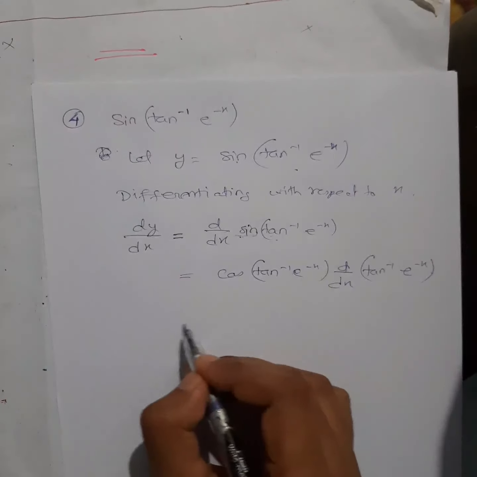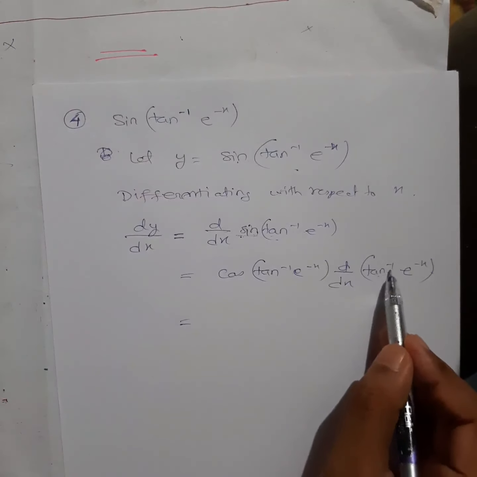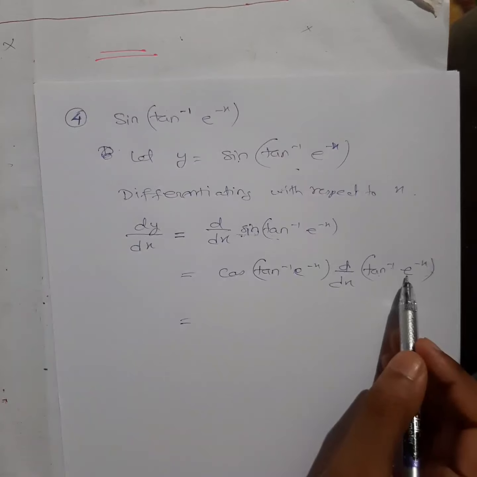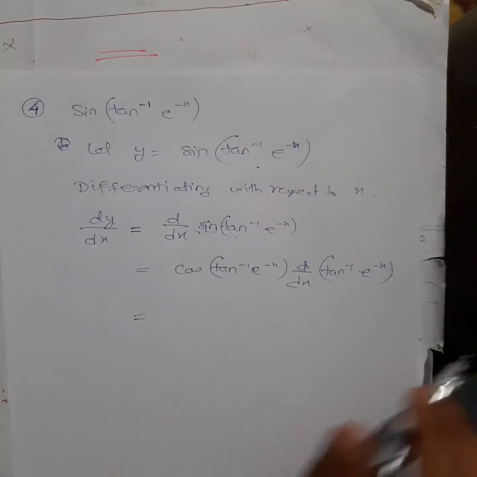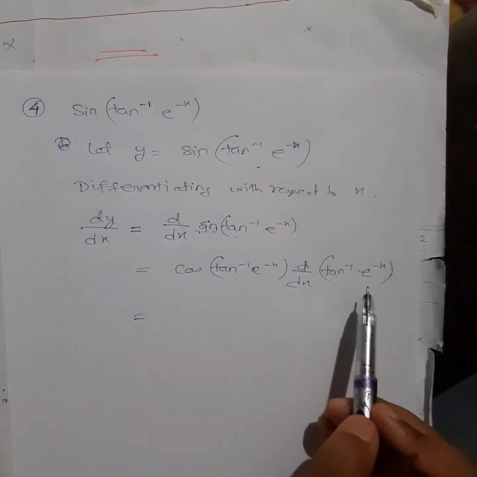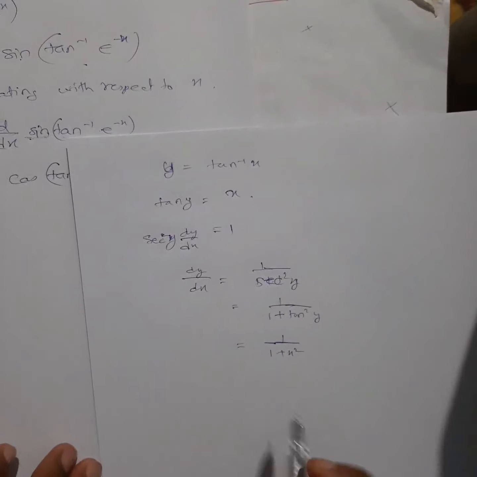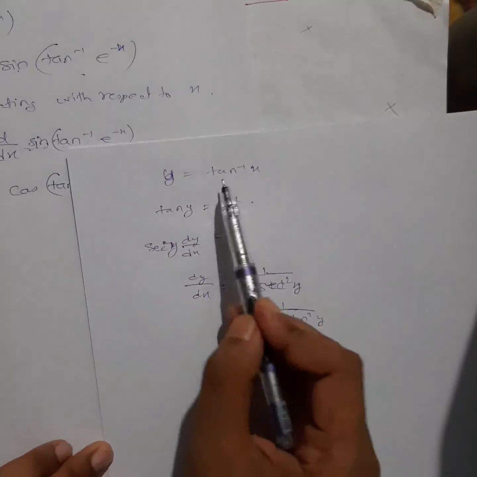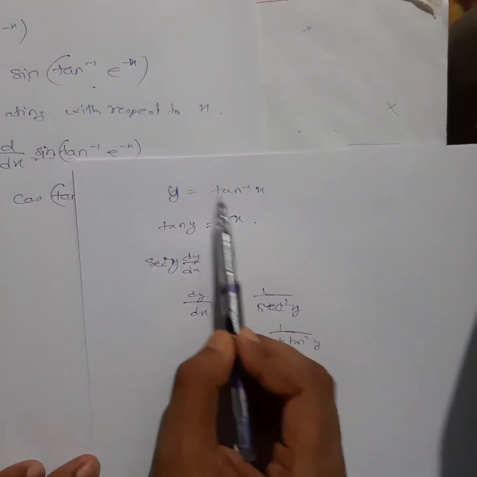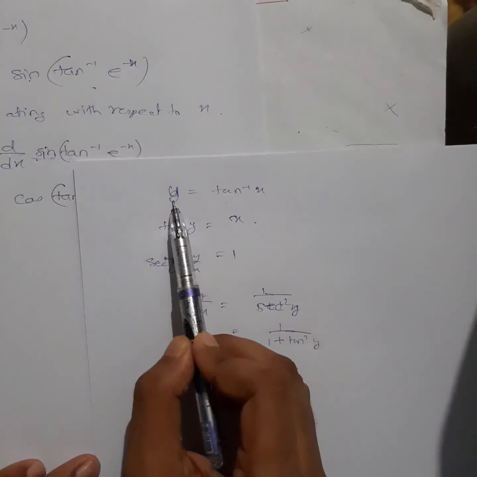Now this one is of the form tan inverse x. Now remember, I have asked you to derive tan inverse x yourself, right? So what is the derivative of this one?